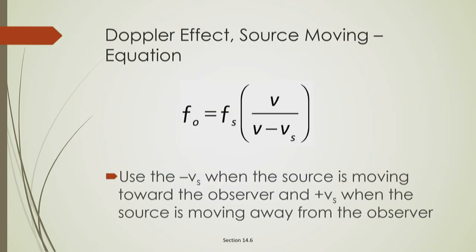And when I do that, this is how the equation works out. And then you have the general equation where both the source and the observer could be moving, which I'll show here in just a second. I'll give you a chance to write something down.